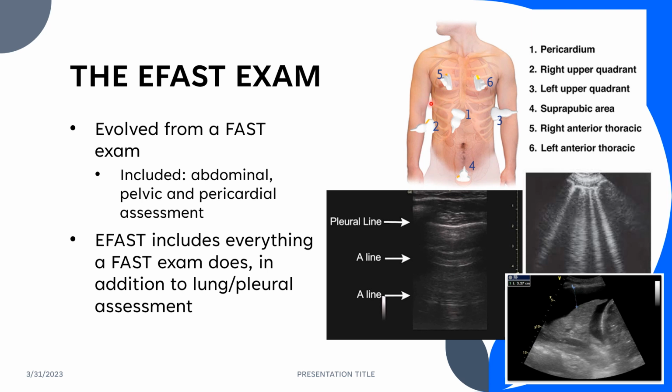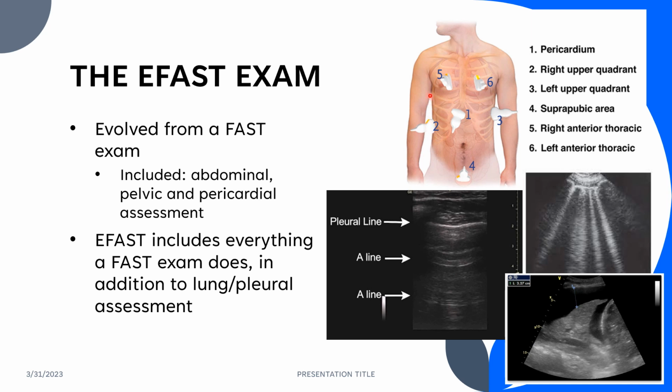Now we know that any fluids are going to settle in the most dependent area of the body. So if this patient were to have a pleural effusion, a hemothorax, something like that, we could evaluate right there, and we would assume or project that the fluid would collect in the posterior aspect of this patient if they're flat on their back. So we want to make sure that we're putting the fluid in the potential dependent space, and then we're actually looking in that dependent space ourselves.